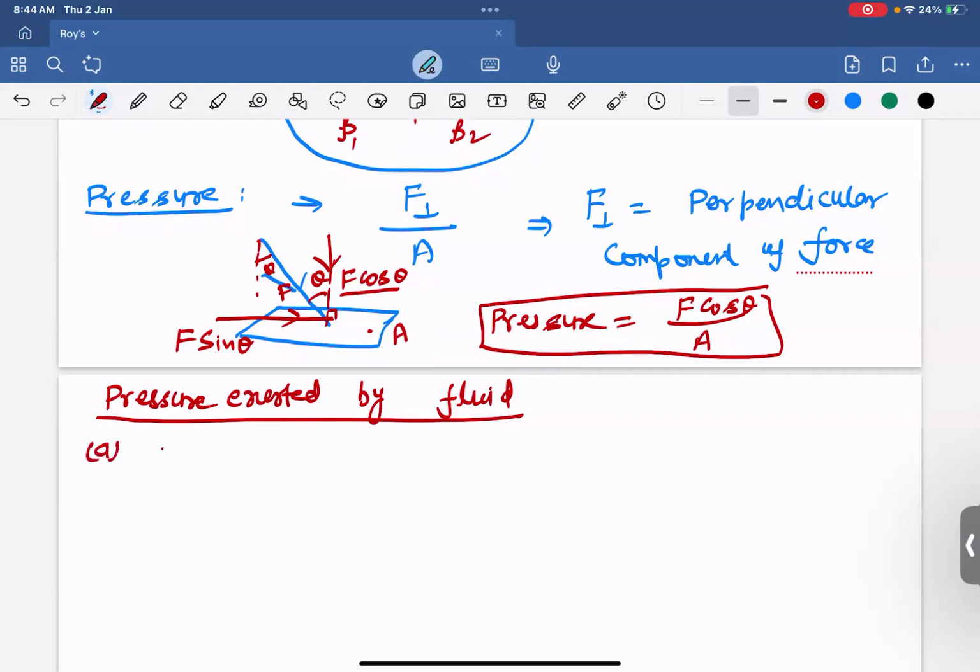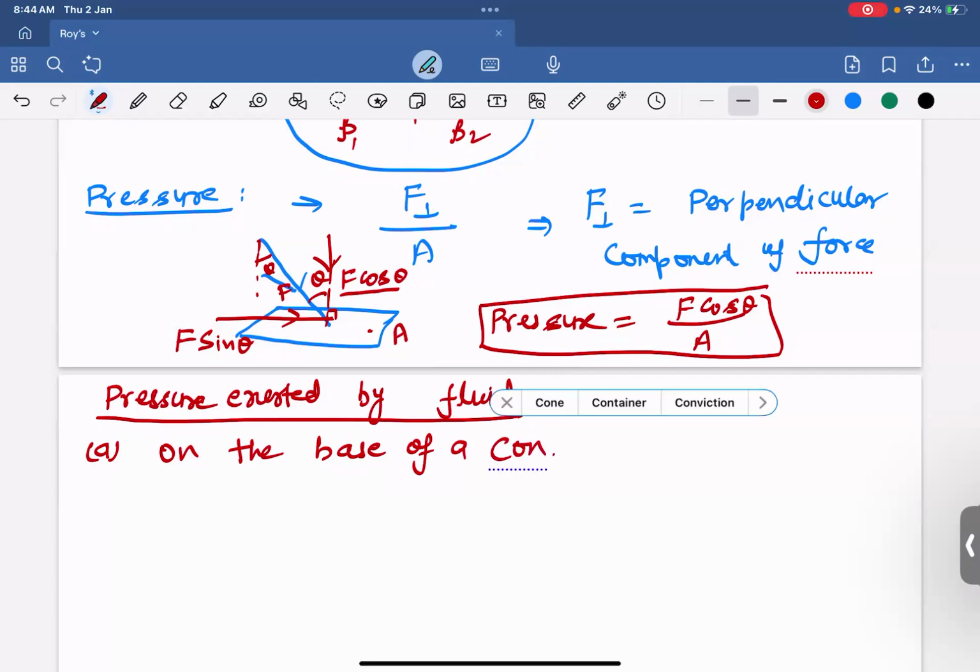First, on the base of the container, and second, on the side wall of the container. First, we discuss the base of a container.